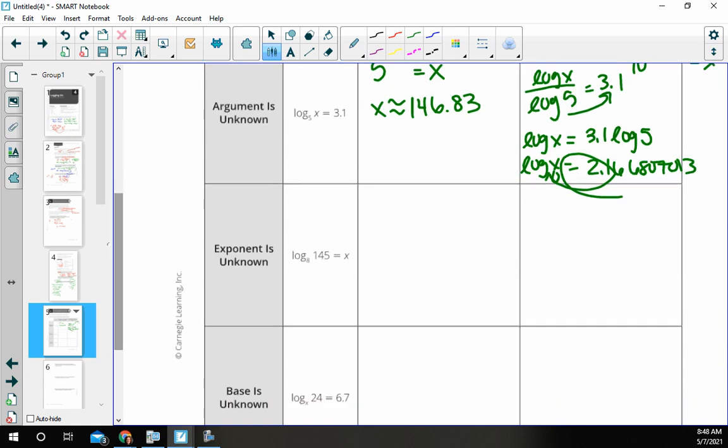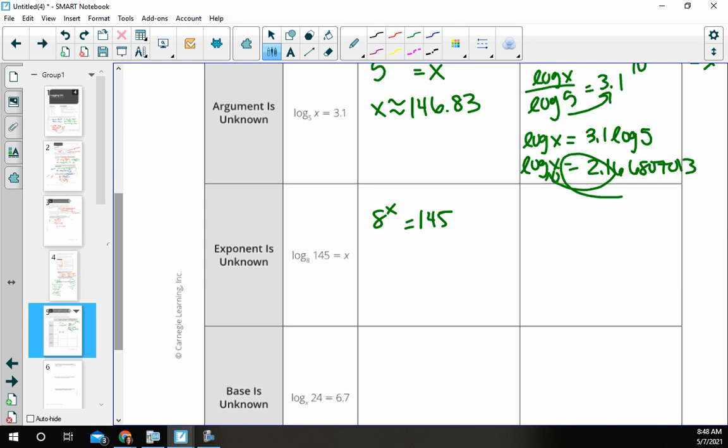Okay, so my next one here, exponent is unknown, so I'm going to do this really. 8 to the x is equal to 145. Okay, I'm going to see if 2 to some power can get me to 145. And it doesn't. Okay, so in this situation, what I would do is do my change of base, or I could log both sides.